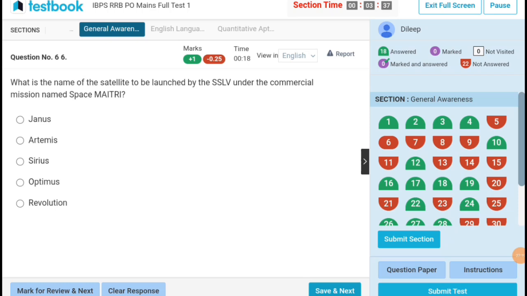What is the name of the satellite to be launched by SSLV under the commercial mission named Space Maitri? I think it is Artemis.